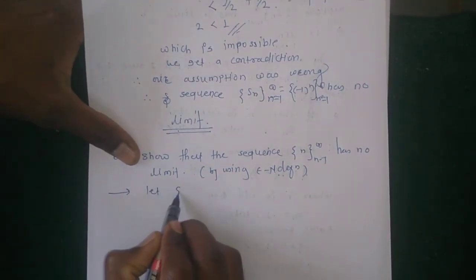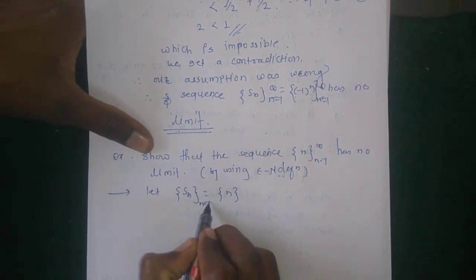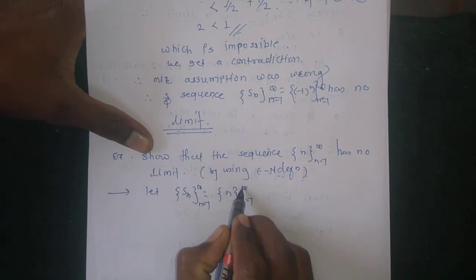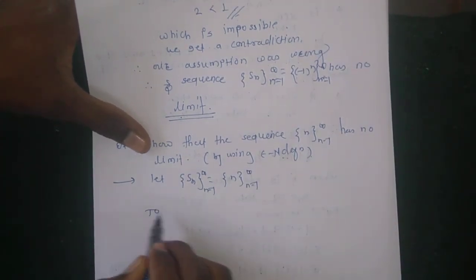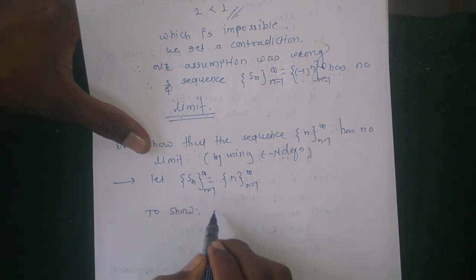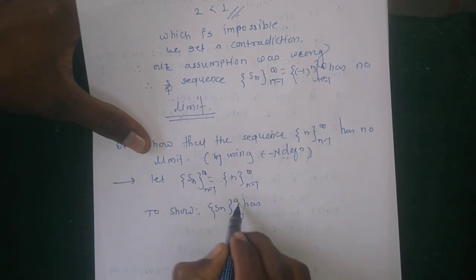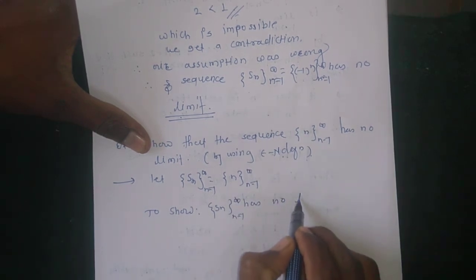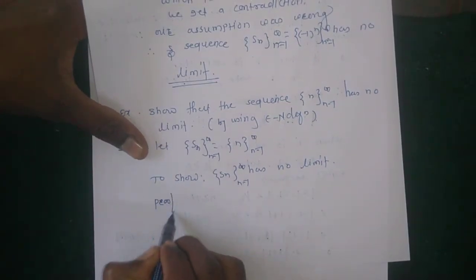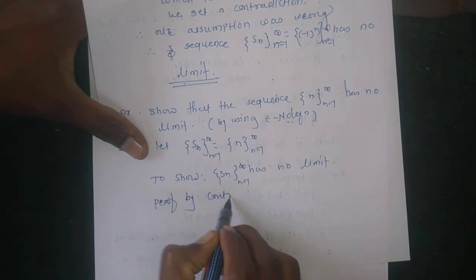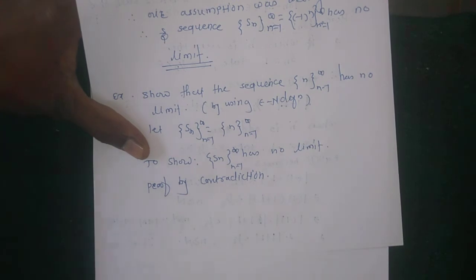Let the sequence Sn be equal to n, where n runs from 1 to infinity, and we show that Sn has no limit. Proof by contradiction.